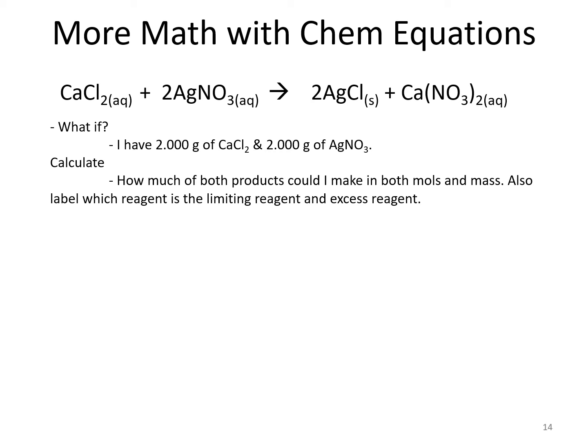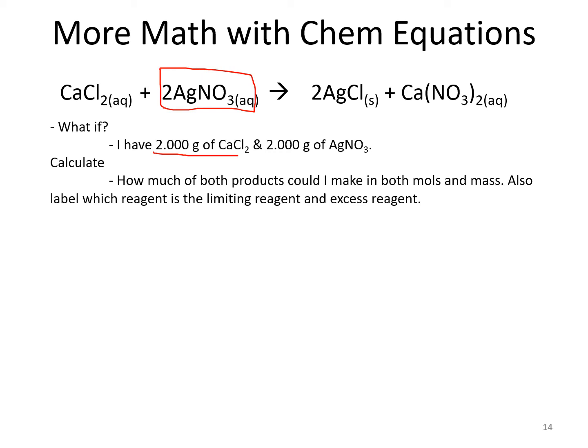So we're making it a little bit more complicated now. What do you do if we have 2 grams of calcium chloride and 2 grams of silver nitrate? In the previous problem, we just specified that we had the 2 grams of calcium chloride and we assumed that we had as much silver nitrate as we needed.